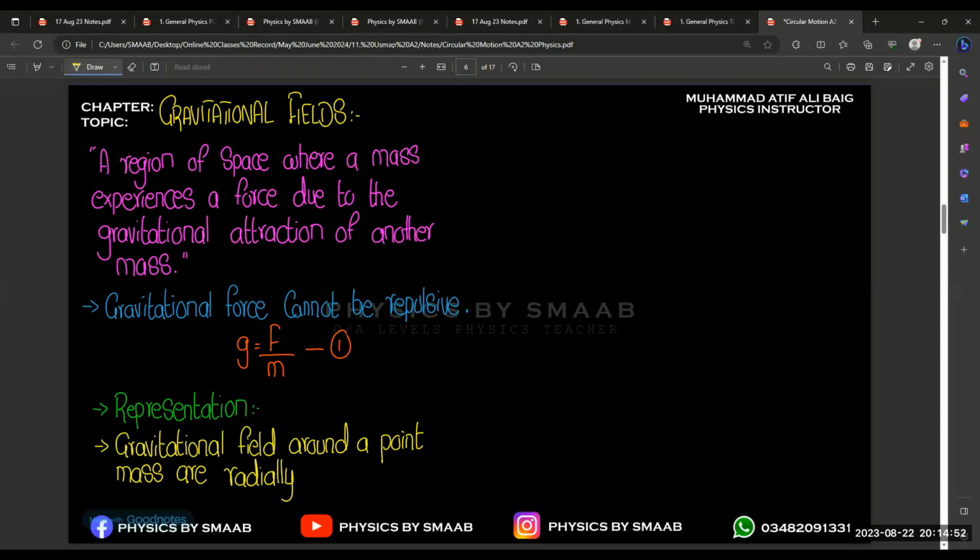Why inward? Because we know that it is because of the force of attraction. So this is the first point regarding the graphical representation of gravitational field.